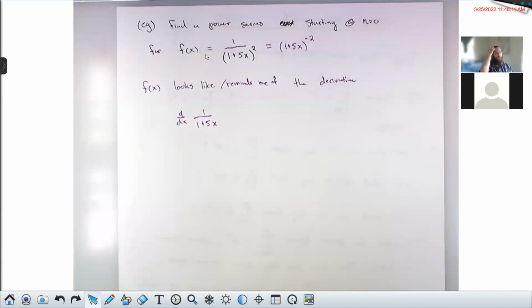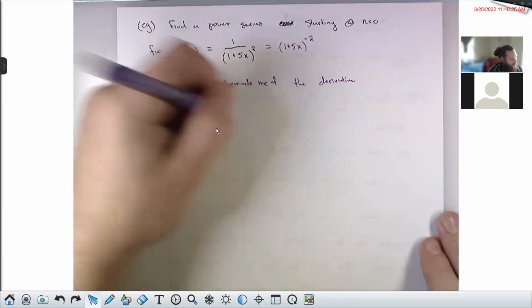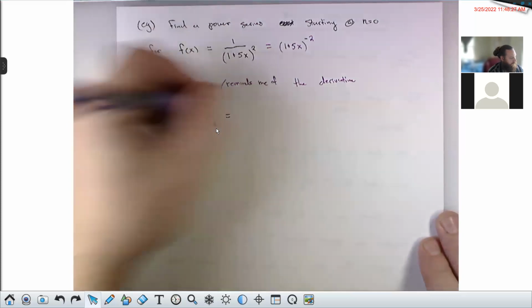This is the step that people seem to have a hard time with. But just follow me for a second here. Right, this thing, without the derivative, is 1 plus 5x to the negative 1.